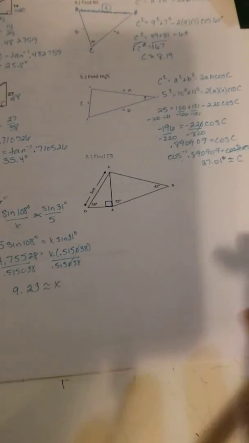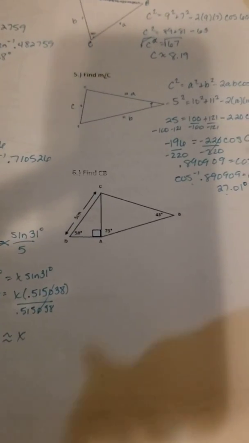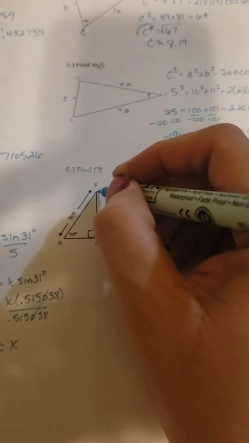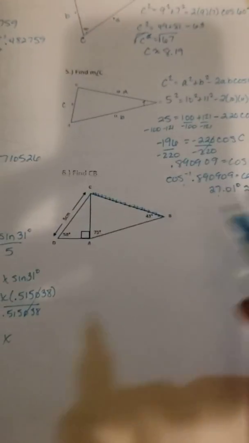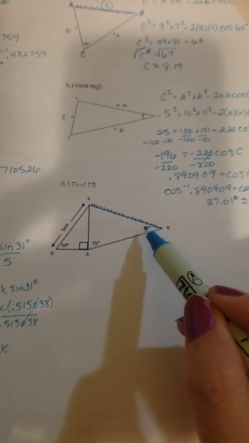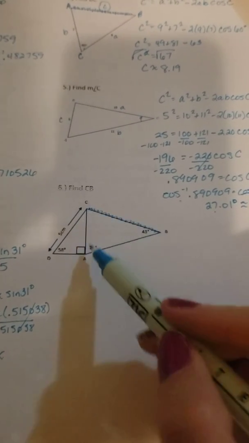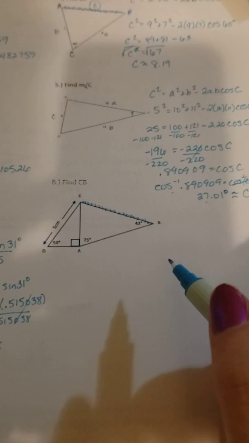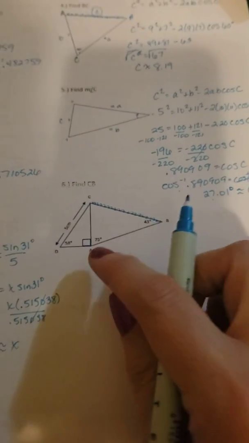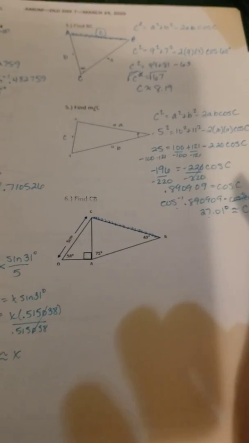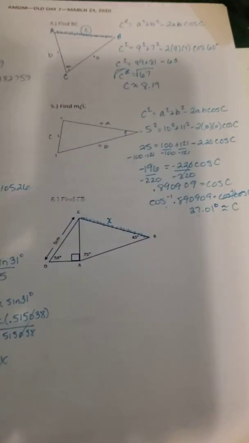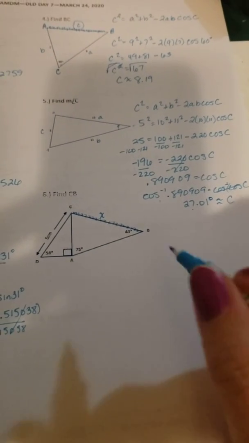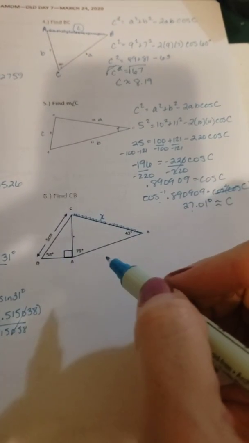All right, so this is our last one, and this one is tough. Okay, so what I want to find is CB. So CB is this side over here. Well, I see that I have two angle measurements, and I have no sides, and this is definitely not a right triangle. So with two angle measurements, I could use the law of sines. I'm going to call this over here X. I could use the law of sines if I knew what this was.